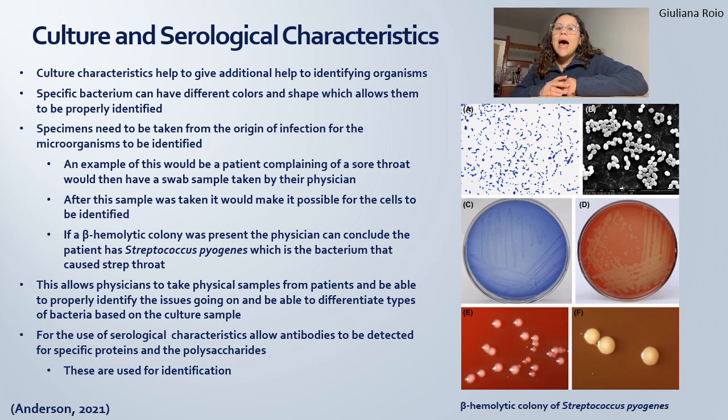And then if a beta-hemolytic colony was present on the culture, this would allow the physician to know that this patient would have Streptococcus pyogenes, which is the bacteria that causes strep throat. So just being able to take something from that origin, which was the sore throat, swab it, and figure it out from there is really important, which I think is pretty cool personally.